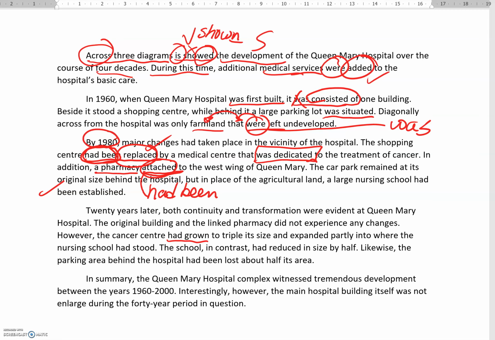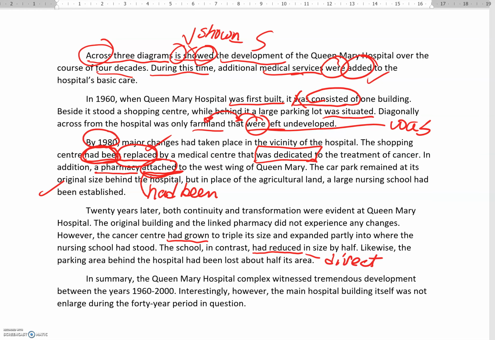The school, in contrast, had reduced in size by half. So here's another good example where you have to ask yourself, did the school do the action of reduce? And we could say, probably someone reduced the school in size. Also, another thing to look out for is a direct object.